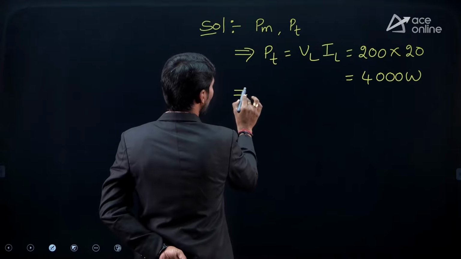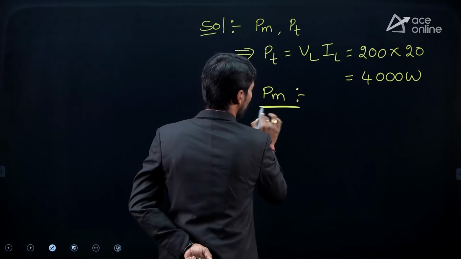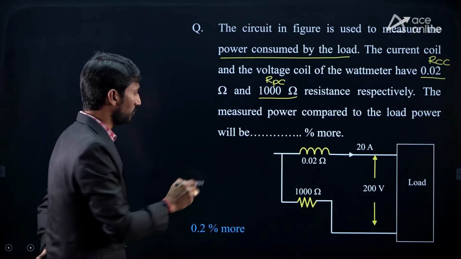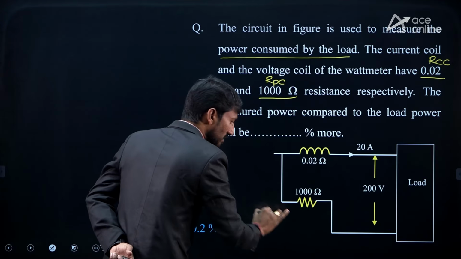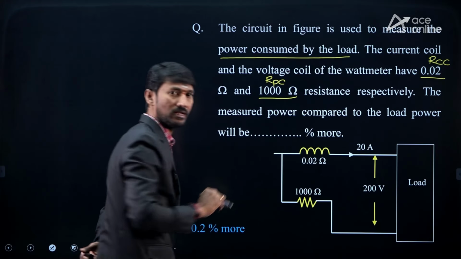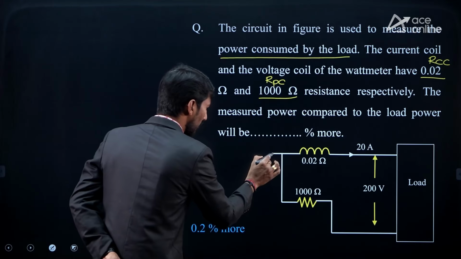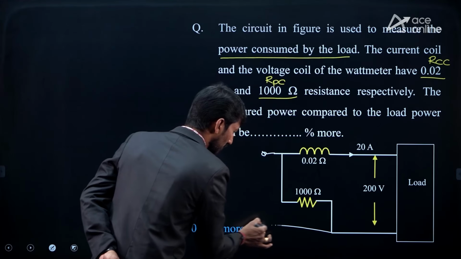Now very simple. What is the procedure for calculating the measured power? If you observe clearly, here the potential coil, voltage across this as well as current through this we can calculate. I am extending this diagram here like this.